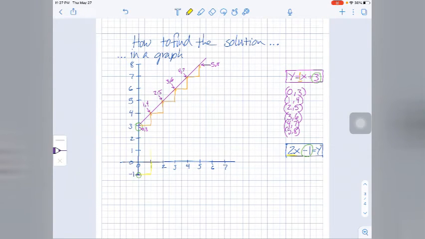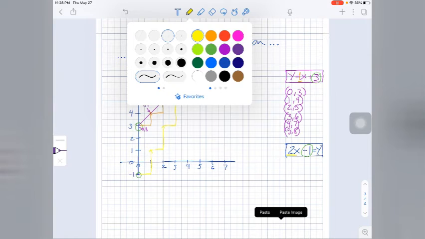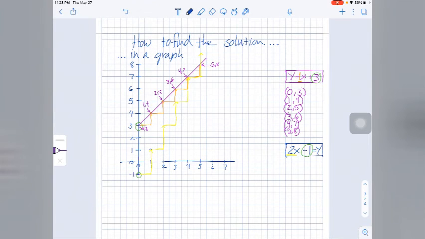Over 1 and up 2, over 1 and up 2, again and again. When I draw this one, I have points at the end of each of these arrows, and I draw my line and connect all of them.